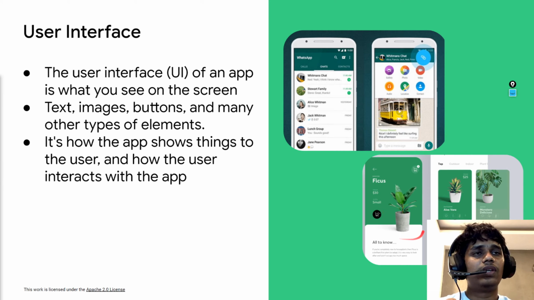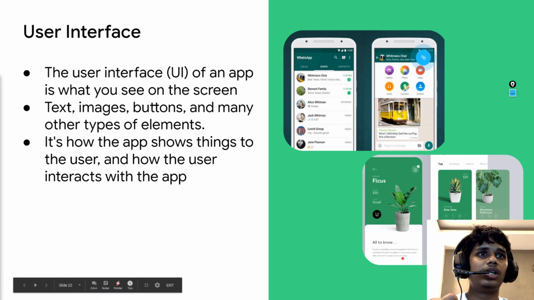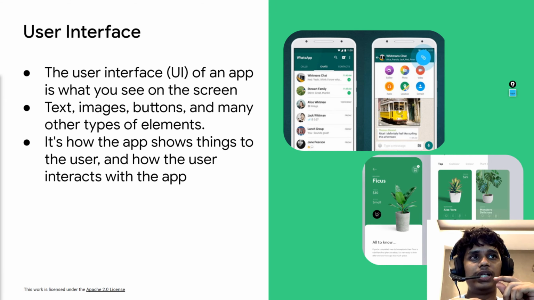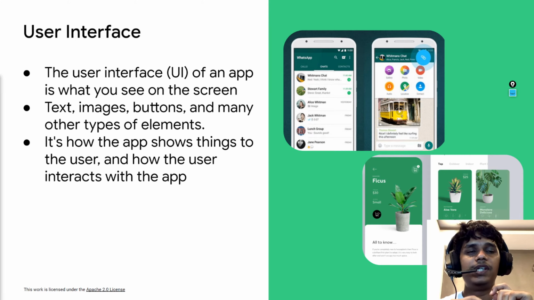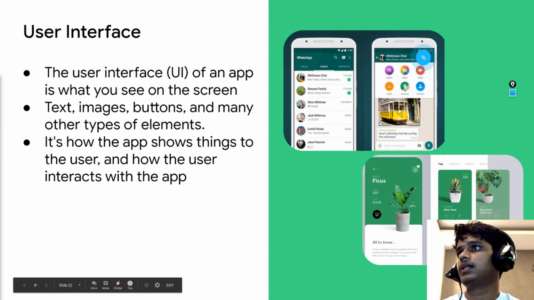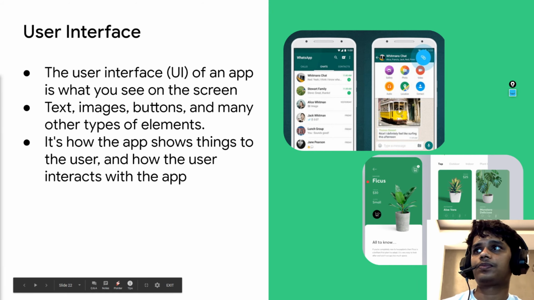You can also see the picture of a plant, and a small description about the plant too. So keep in mind that whenever you are creating an Android app, make sure that your UI looks good and it's very efficient too. Now let us go to the next slide.